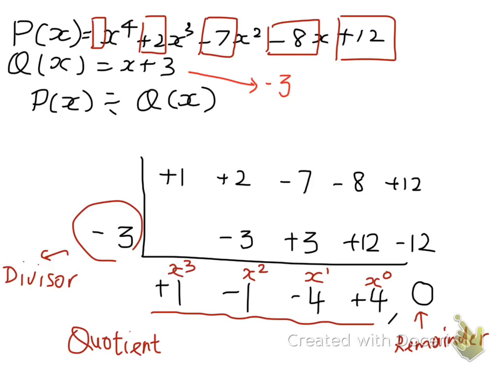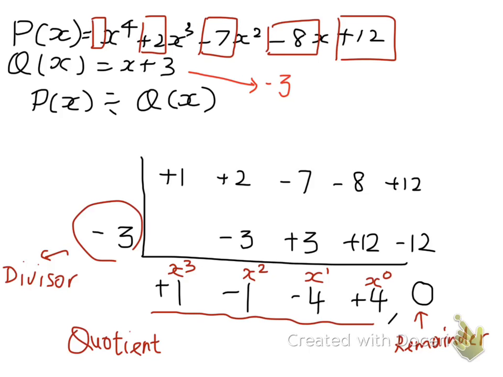So in a way, if you look at it, the function px, the highest power is x to the power 4. If you divide by x plus 3, whose power is x to the power 1, then x to the power 4 divided by x to the power 1 gives you x cubed, right?